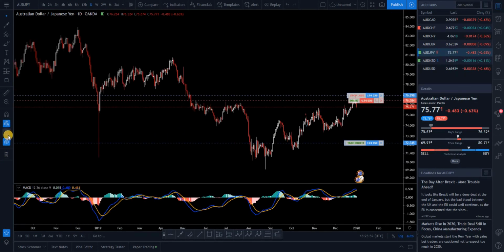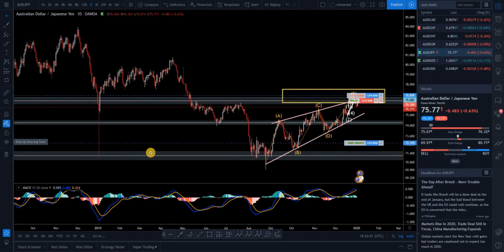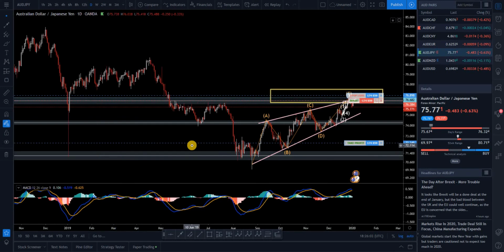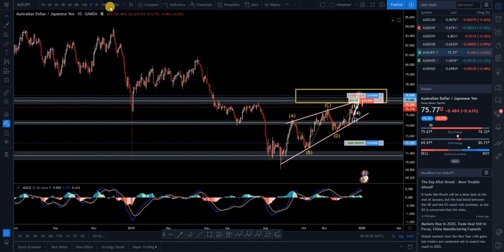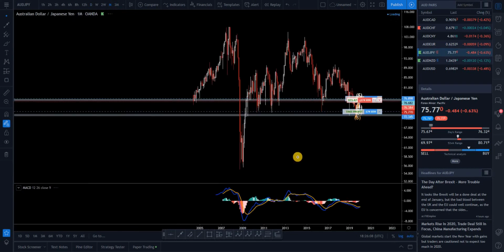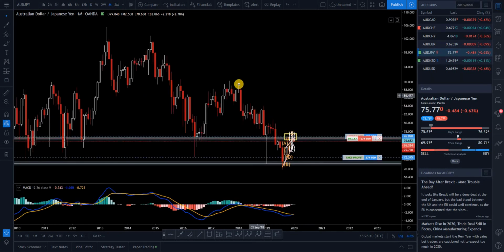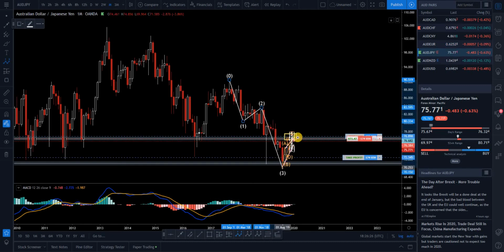What do I see in this downtrend? Let me put my studies back on. First things first, if I go back up to the monthly chart, you will see a trend, and if I count it, I'm looking at a 1, 2, 3, 4, 5 count.